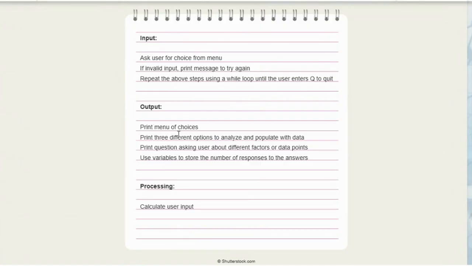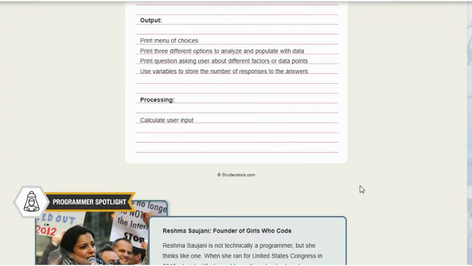Output: print a menu of choices, print three different options to analyze and populate with data. Print questions asking the user about different factors or data points, stuff you need to know to analyze it. Use variables to store the number of responses to the answers. And the processing need is to calculate the user input.